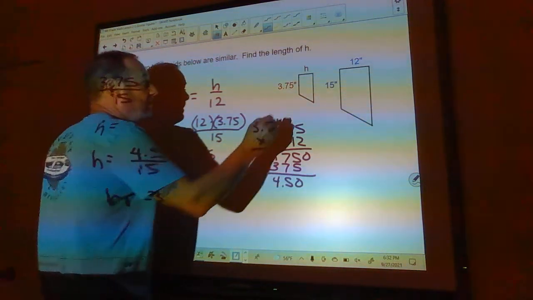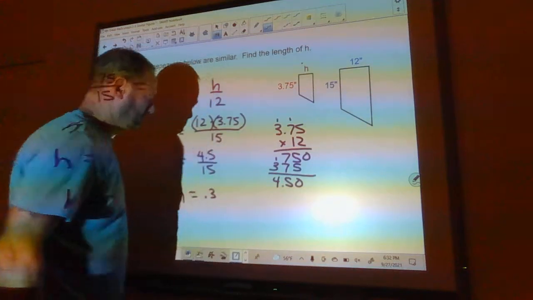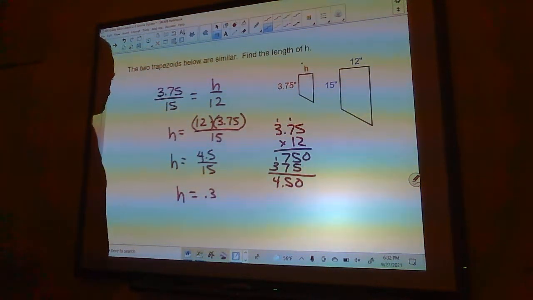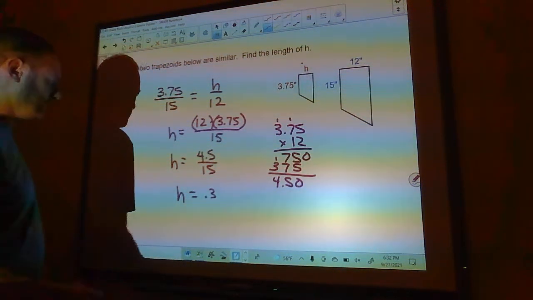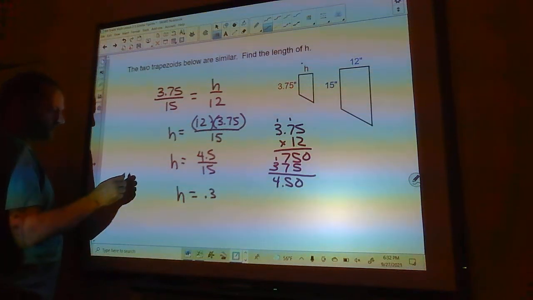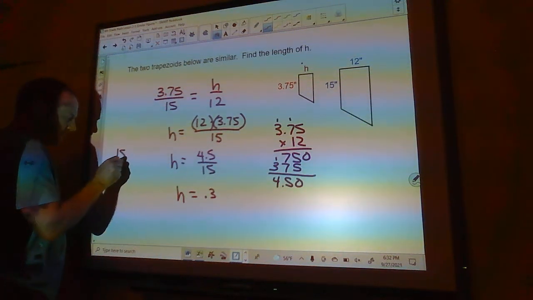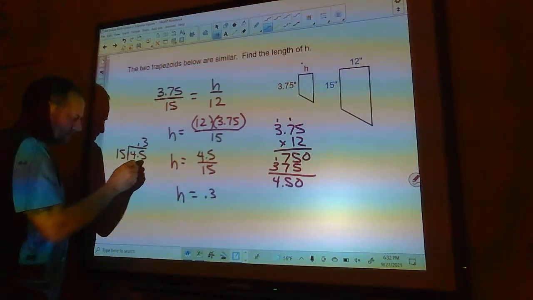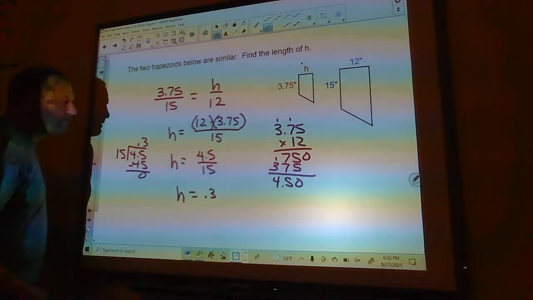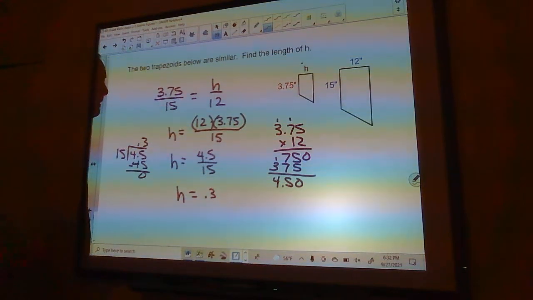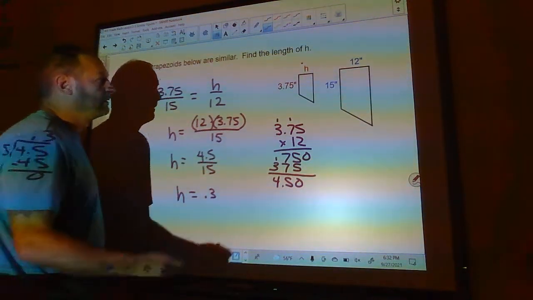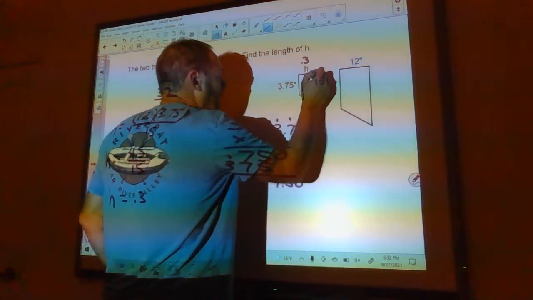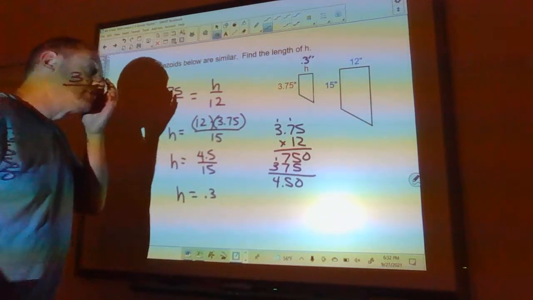So h must be, that's not right. Yeah, it is. 0.3. And that would be inches.